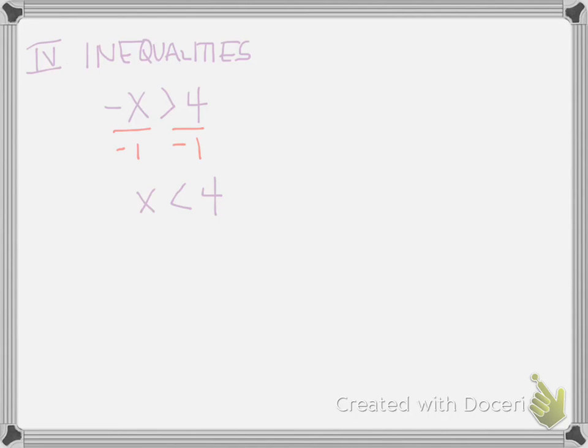And remember, with inequalities we have a solution of values, so the solution here would be between negative infinity all the way up to 4. Parentheses around both. Remember, if you have a less than or equal to or greater than or equal to, you'll have a bracket around the number. And if you have a less than or greater than, you'll just always have parentheses. Remember, infinity, no matter what, negative or positive, is always going to have a parenthesis.